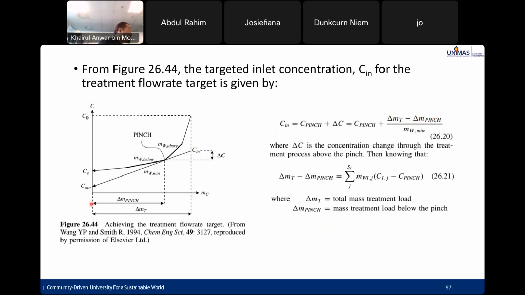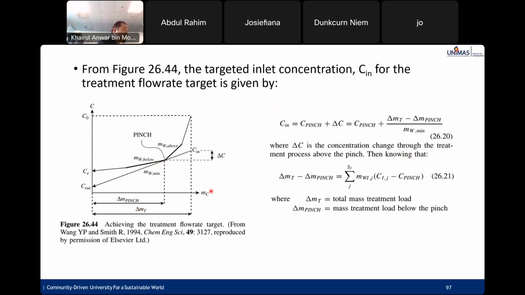So delta MT is from here to the end of the composite curve, minus delta M pinch from initial to pinch, over MW min.